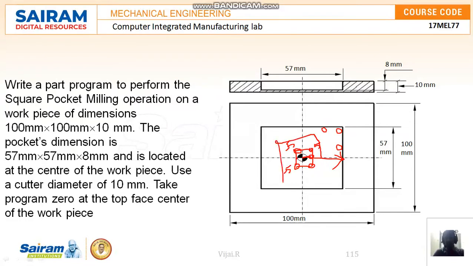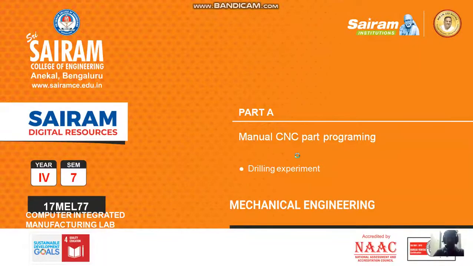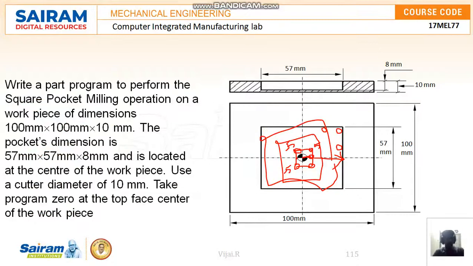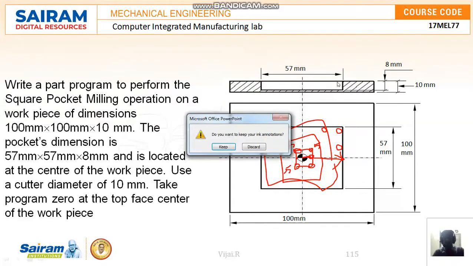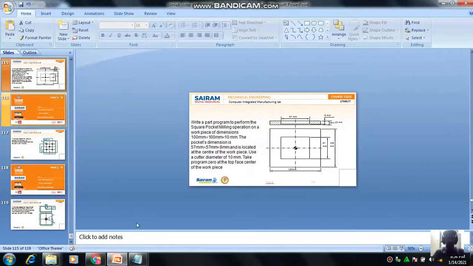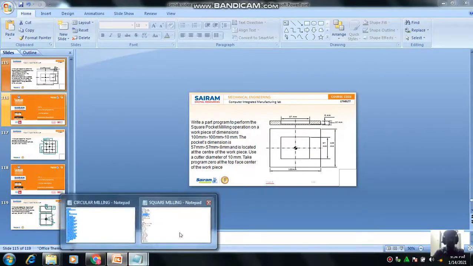Then this square keeps increasing until it reaches the layer. Let me see here how to write this. This is what I showed in the program in notepad. I have written the program here.